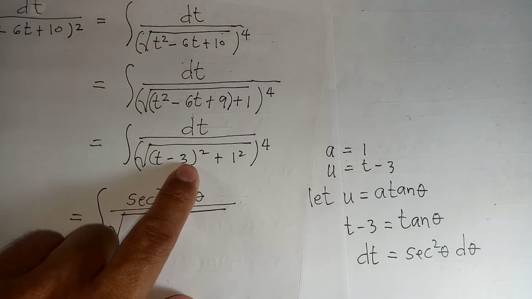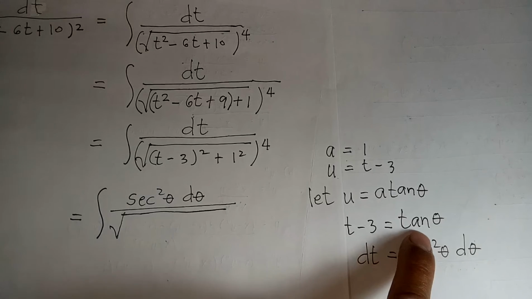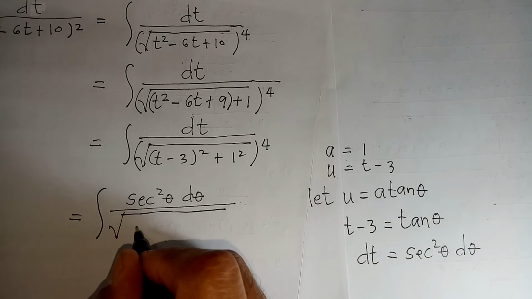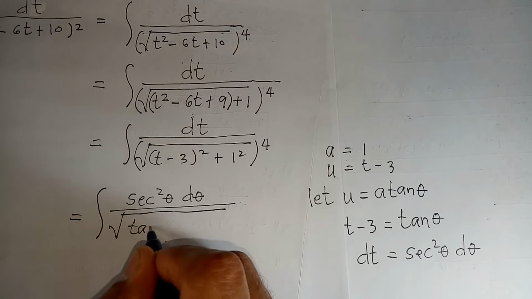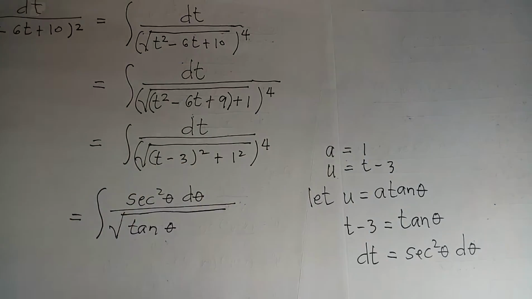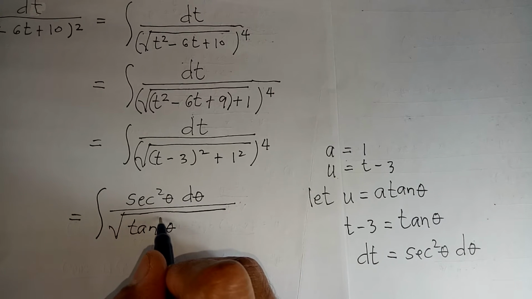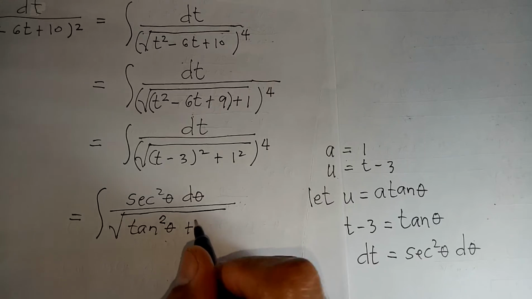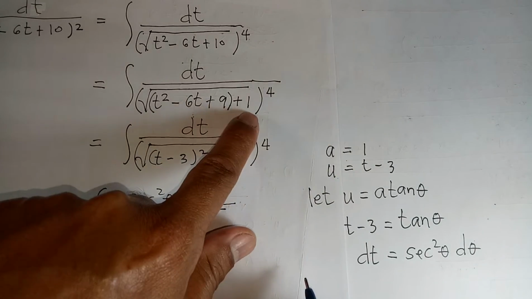And then yung t minus 3 ay equal siya sa tangent theta. Naka-squared ang t minus 3, kaya i-squared din natin to. So, tangent squared theta. And then, 1 squared ay yun yung 1.